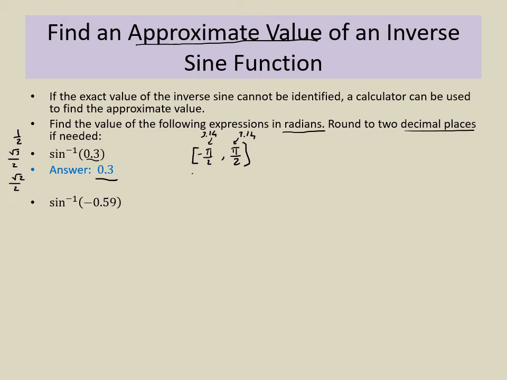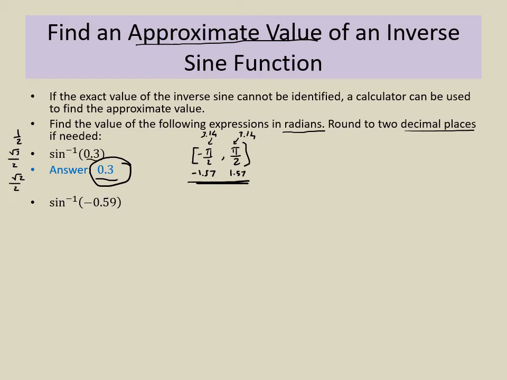So the angle is going to be somewhere between negative 1.57 and positive 1.57. If I'm getting an angle in radians, it's going to be in this range. Because it's approximate and not exact, it's not going to have pi over something. It's going to be a decimal approximation.